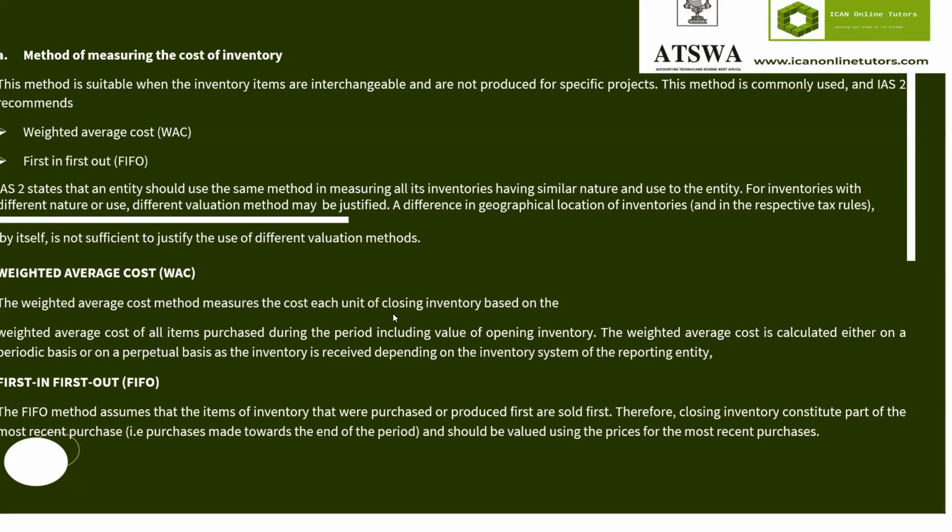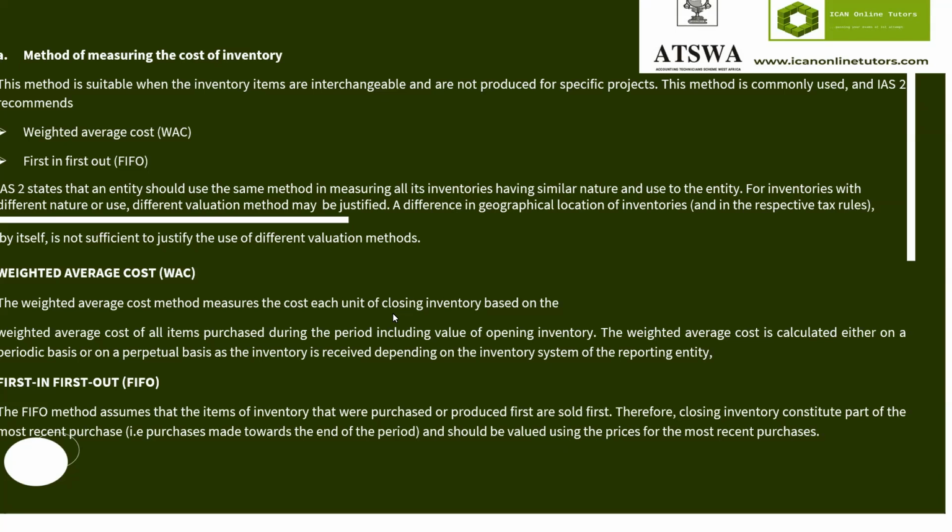Now, let me start a scenario. The value of inventory at hand is 100,000 naira, and the quantity of inventory at hand is 10,000. To get my weighted average, I divide 100,000 value by 10,000 quantity. What is left, which is 10, is what we refer to as the weighted average price.